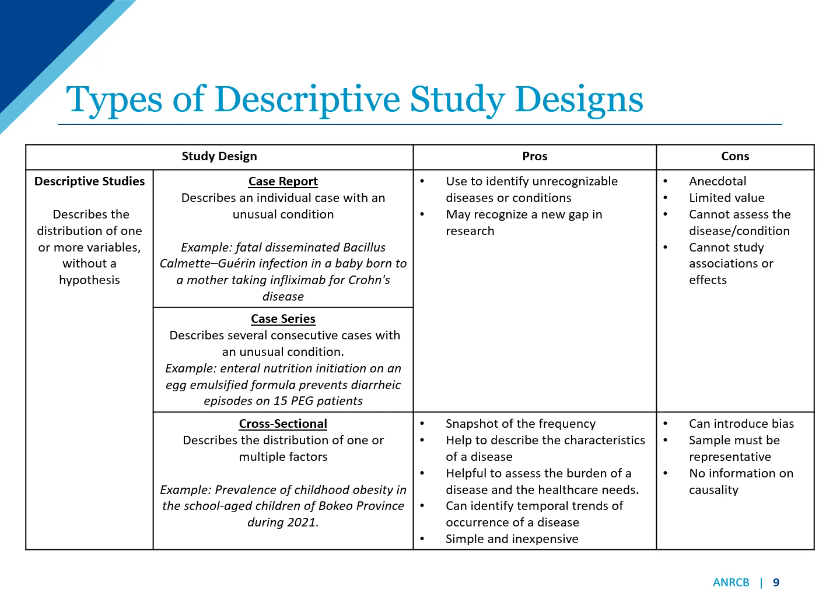The pros of these are they are used to identify or describe unrecognizable diseases or conditions and can recognize emerging diseases or new gaps. The cons are they're anecdotal, they're descriptive, they're usually of one person, one patient, or one disease with a couple of patients in the case series.